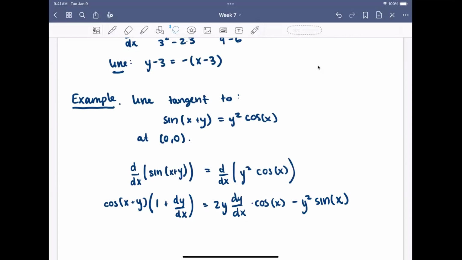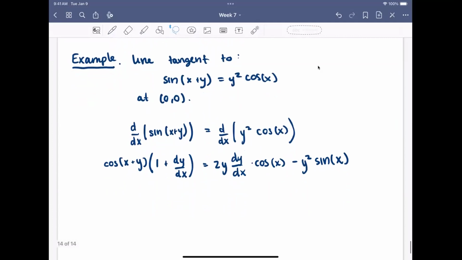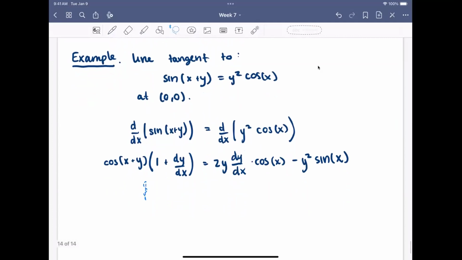Okay, so then you can rearrange this, so I'll skip this part. Solve for dy/dx.